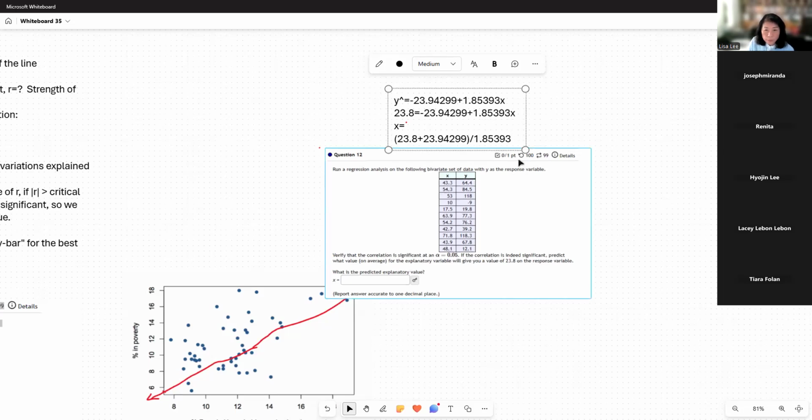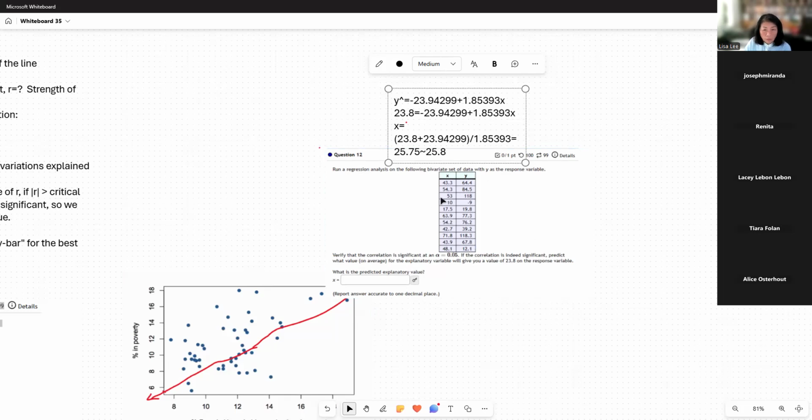I got the answer 25.75. Let's see how many decimals they want. They say accurate to 1 decimal, so I will round it to 25.8.